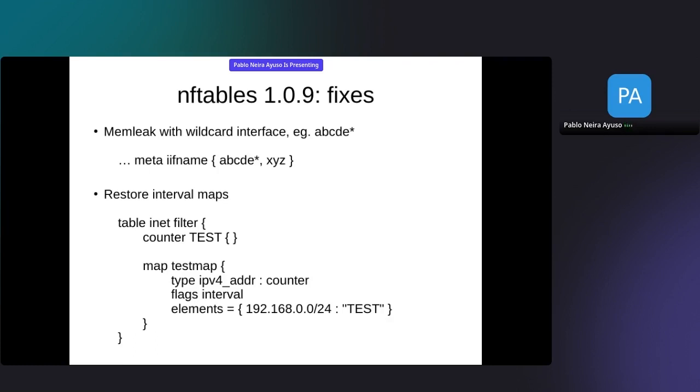This support was added a long time ago, but this was basically allowing you to scale up your ruleset when you have lots of these stateful counters with an explicit name, and attach them to some selector for matching. Just for example for metering, and this got broken.